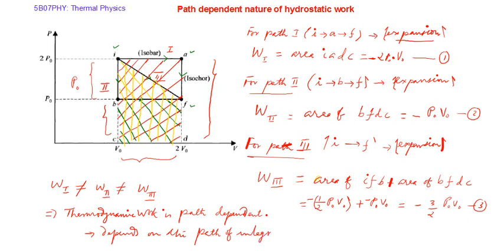And hope you remember, in one of the former sessions we made it clear that there are two types of thermodynamic functions basically. One is known as a path function, the other one is known as a state function, where two examples of path functions were discussed, one of which was work done. And our present discussion once again proves mathematically that the work done in thermodynamics is in general a path function, and hence work done is represented by inexact differentials.